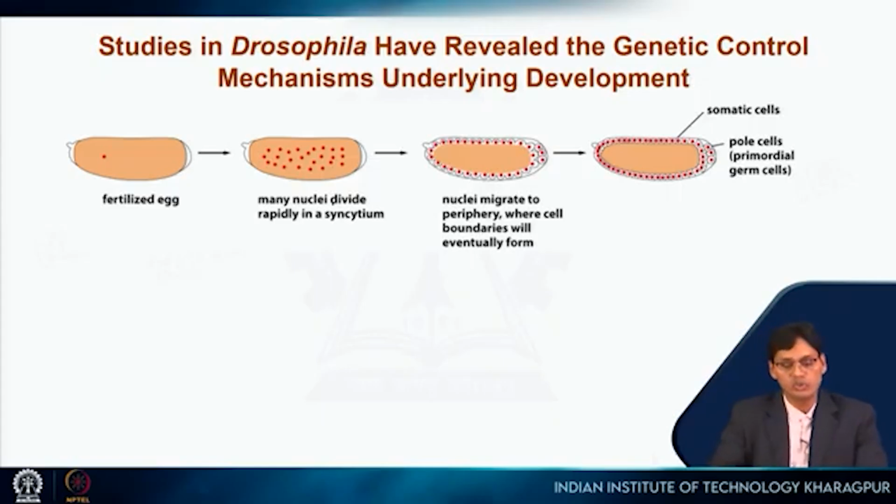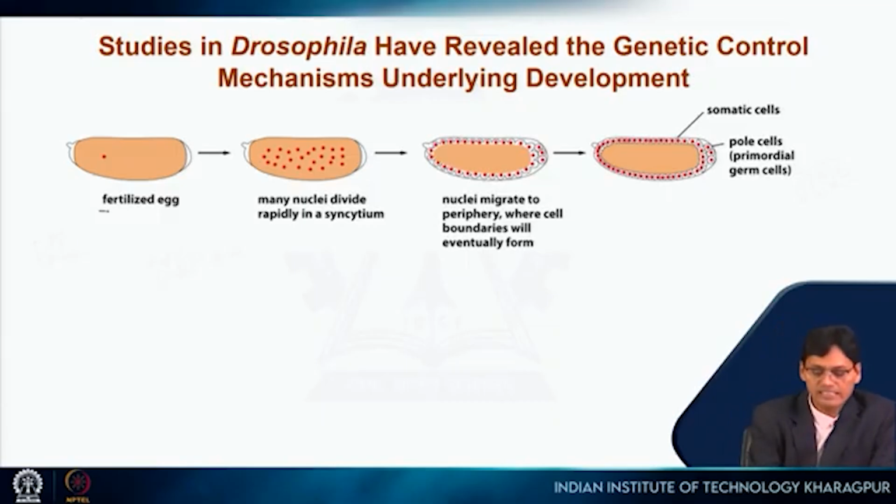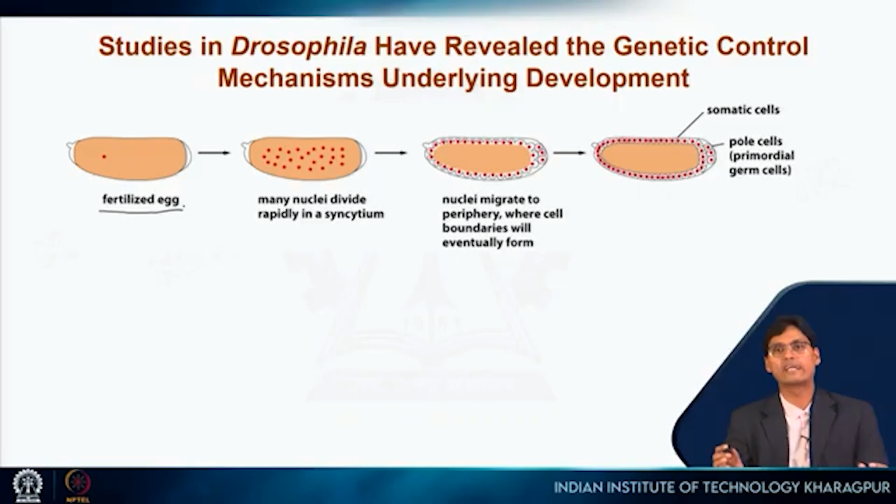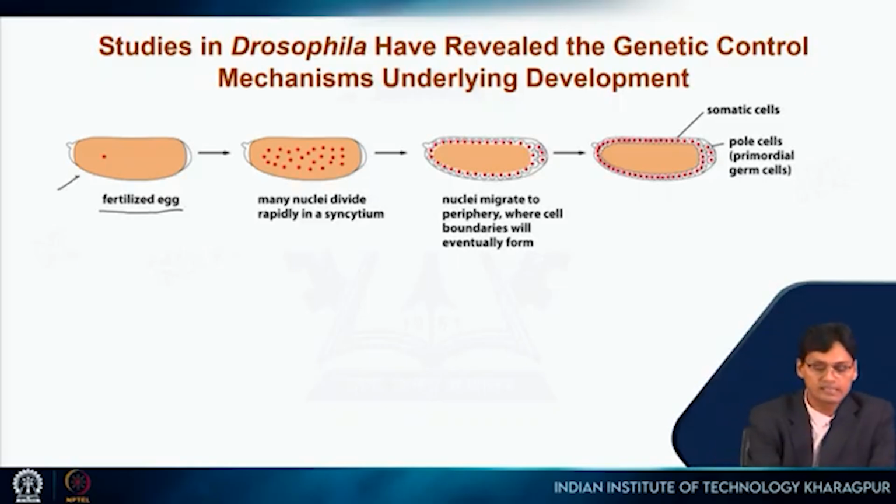Studies in Drosophila particularly, a model organism, revealed the genetic control mechanism underlying development. So here this is the fertilized egg of Drosophila. The Drosophila egg is not very spherical, it is an oblong shape.